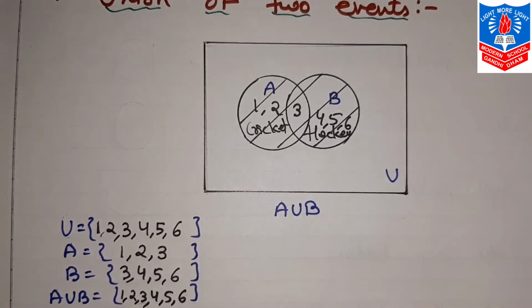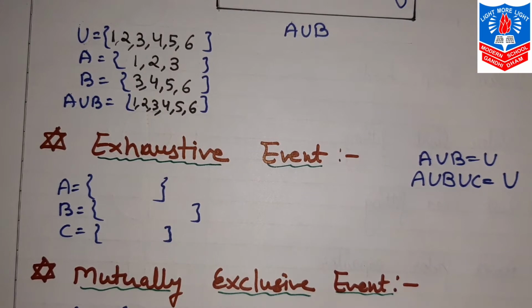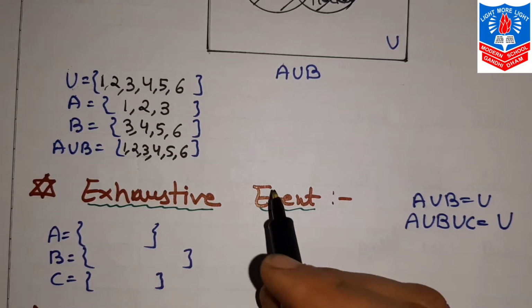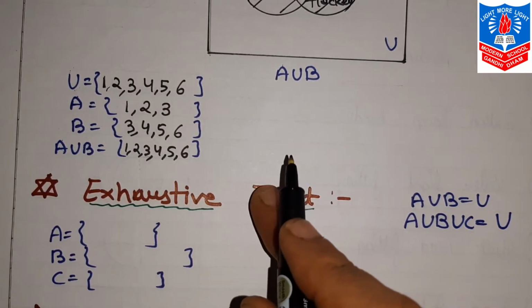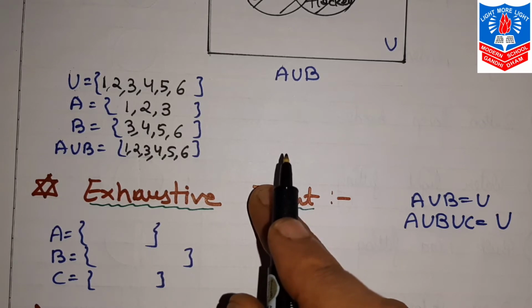Our next is exhaustive event. Now what is this exhaustive event? The events formed by all the subsets of a finite sample space U are said to be exhaustive events.